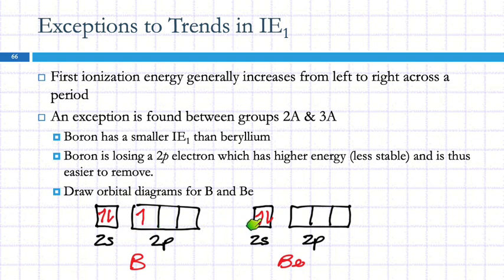Does that make sense? We would expect that boron would have a higher ionization energy because it's to the right, therefore it should be a little smaller. But it actually has a lower ionization energy because this is in a more expensive room and it's easier to kick this guy out than to take this guy out of the cheaper room, the lower energy sublevel.